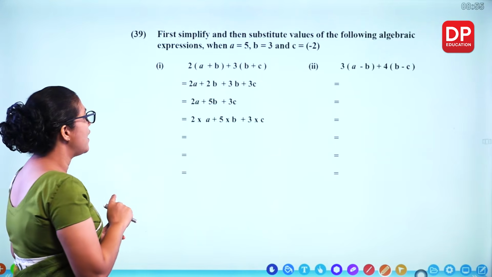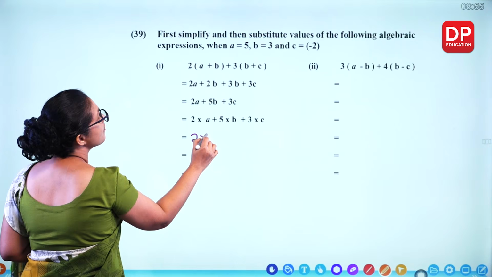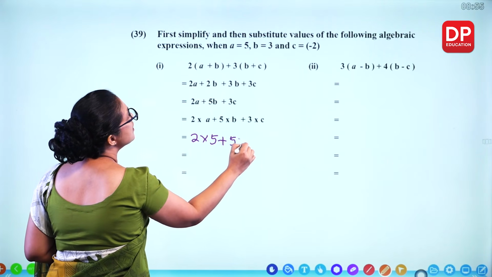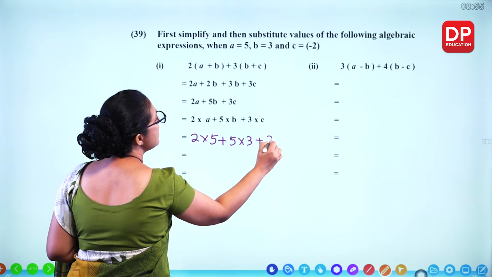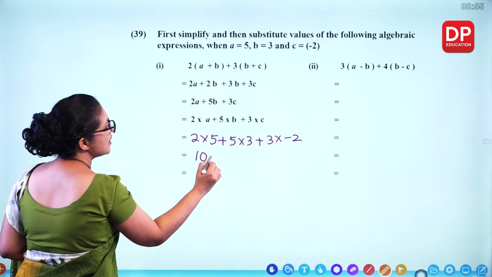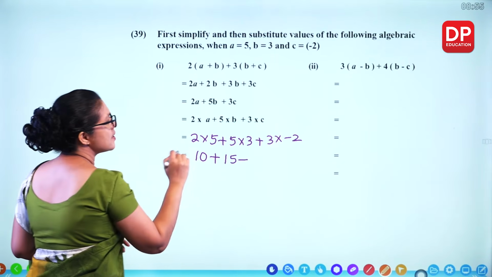Now substitute the values. A equals 5, b equals 3 and c equals minus 2. 2 times 5 is 10. 5 times 3 is 15. Minus 6 here.